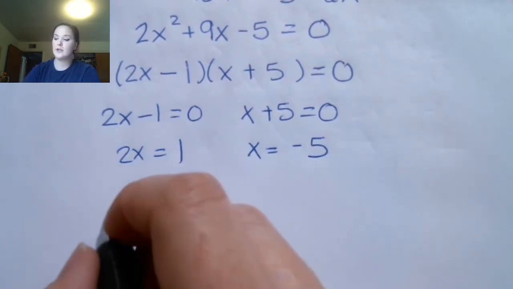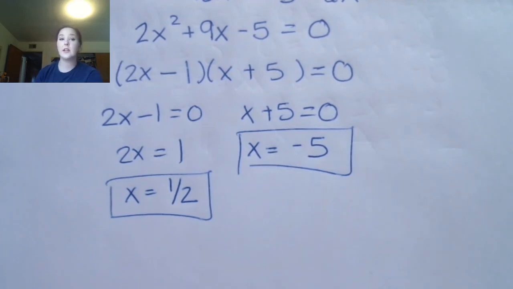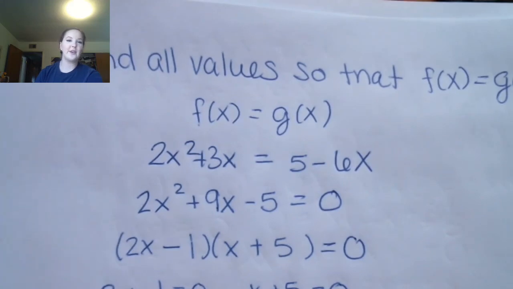So there are my two solutions: x is 1/2 and x is -5. Again, you're allowed to have more than one value for x. That's why it says find all values.